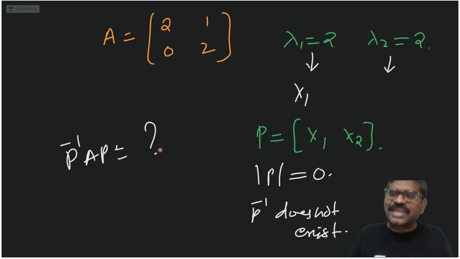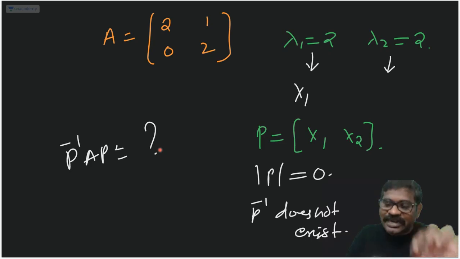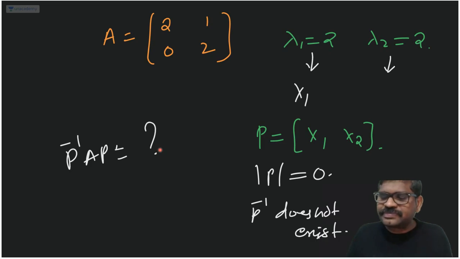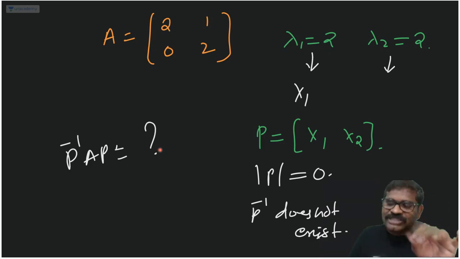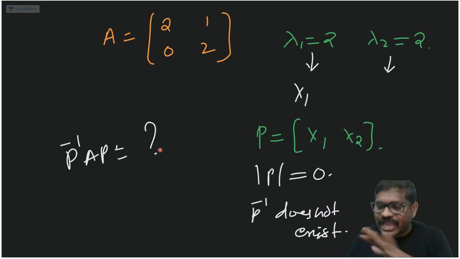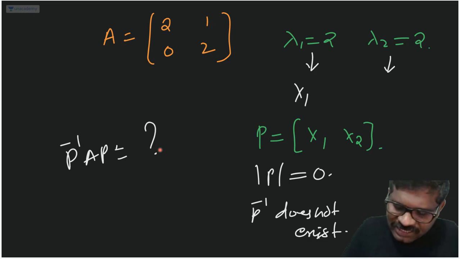That's why it is not possible to diagonalize a matrix if the algebraic multiplicity and geometric multiplicity of each eigenvalue do not coincide. Catch my point? Because of this logic, it is not possible to diagonalize if AM and GM of each eigenvalue do not coincide. Okay, right. Come to the next problem.